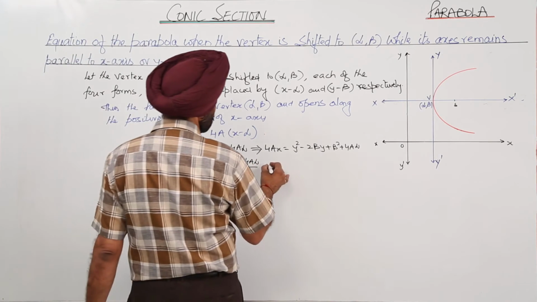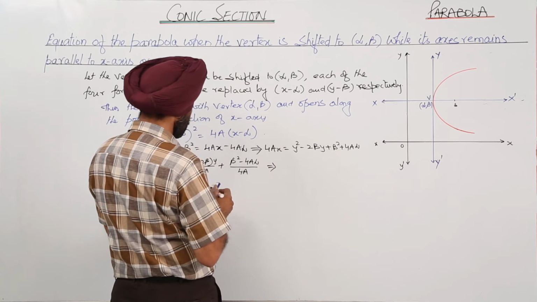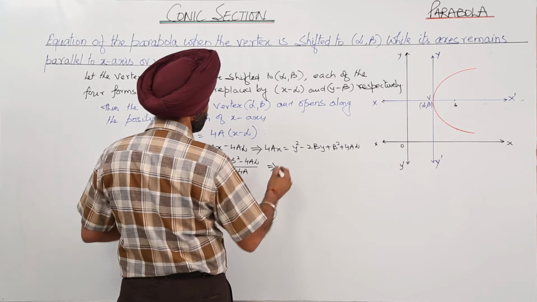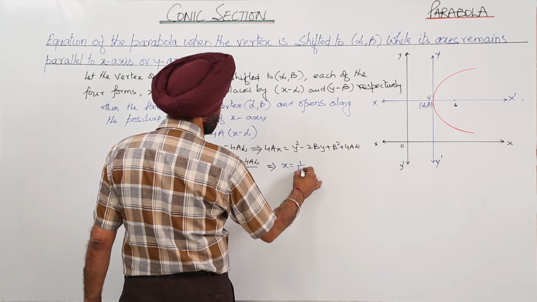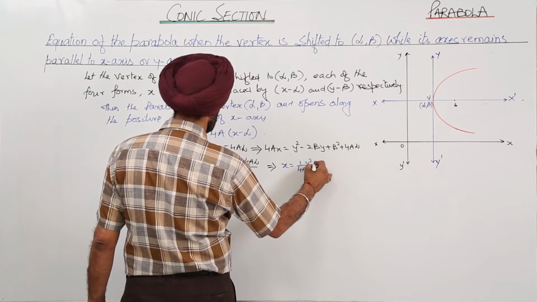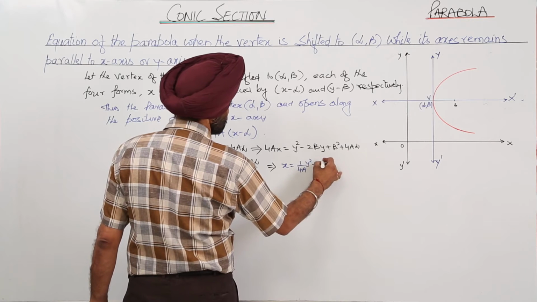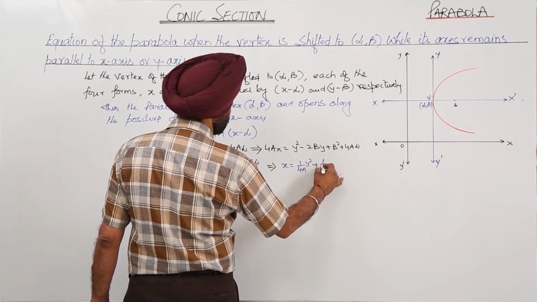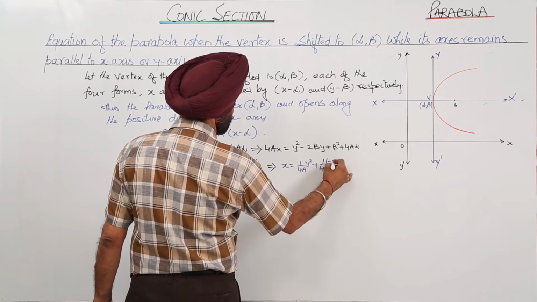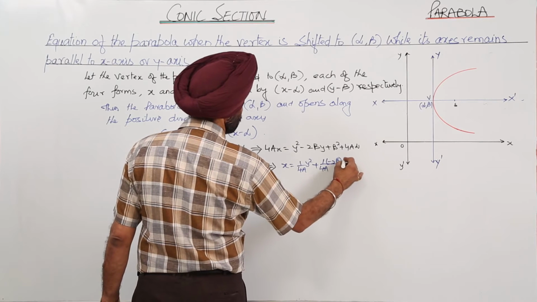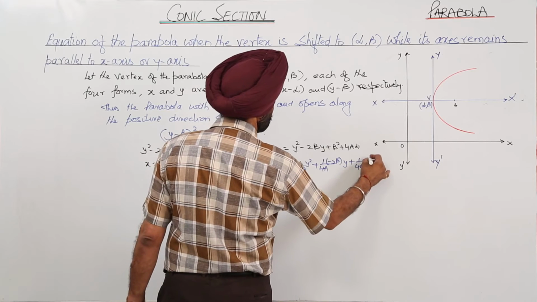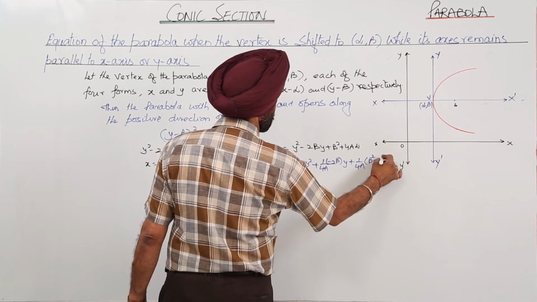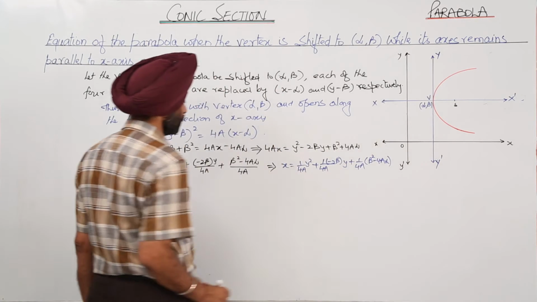Okay, or this we can write as x is equal to 1 upon 4a y square plus 1 upon 4a negative of 2 beta y plus 1 upon 4a beta square minus 4a alpha.